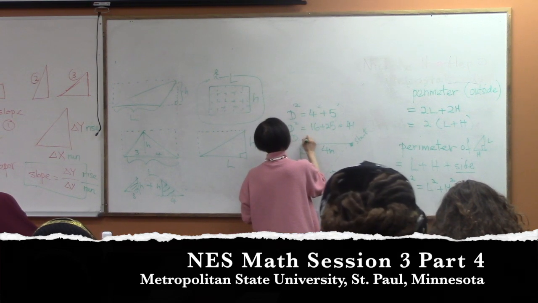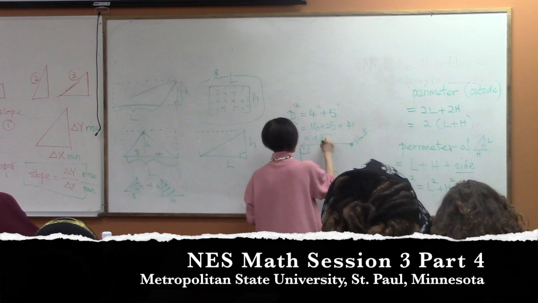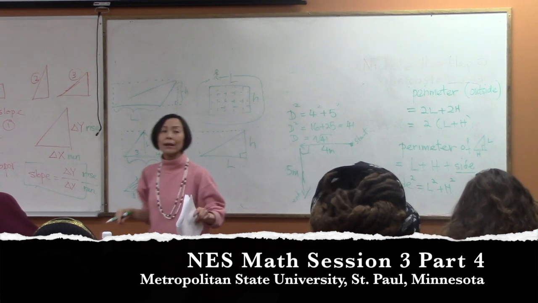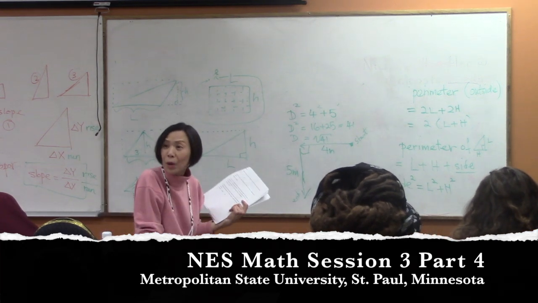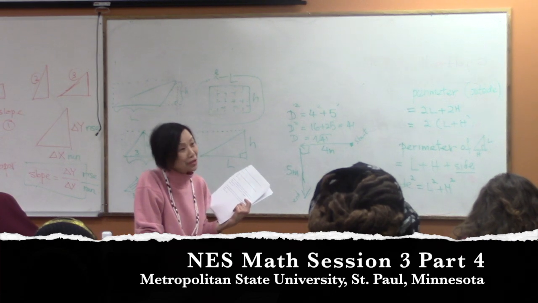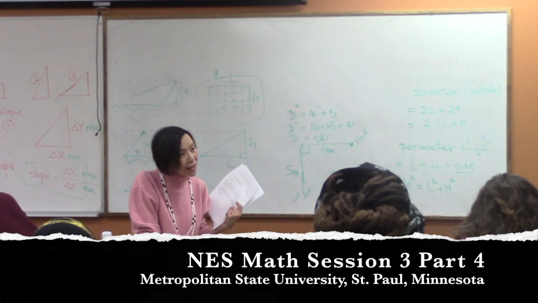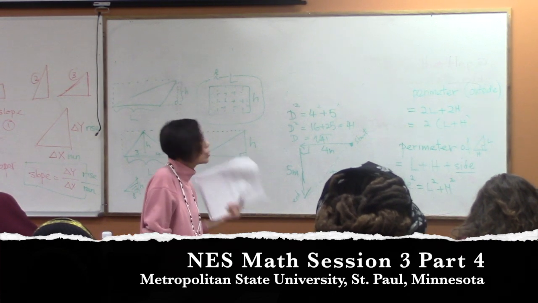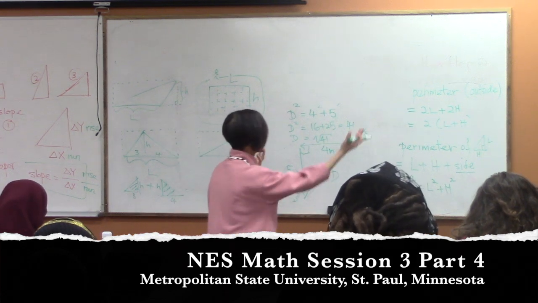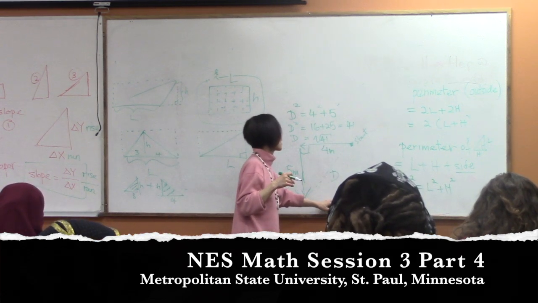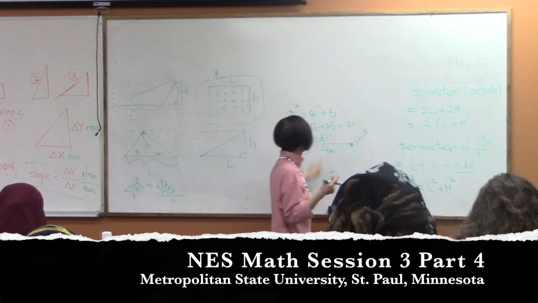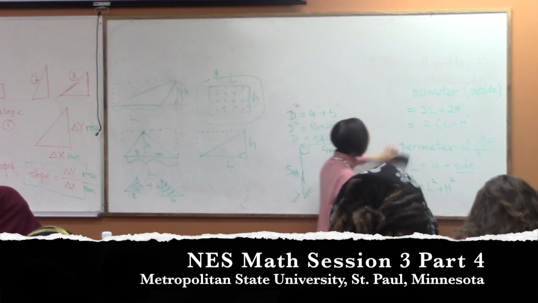So D is the square root of 41. Now, they may not give you square root of 41, depending on what the answers are. If you don't have a calculator, what do you think is the approximate answer? You try to go 6, because 6 times 6 is 36, so you take 41, that's the closest, and then you start with a 6.